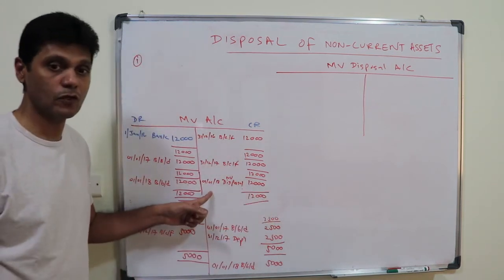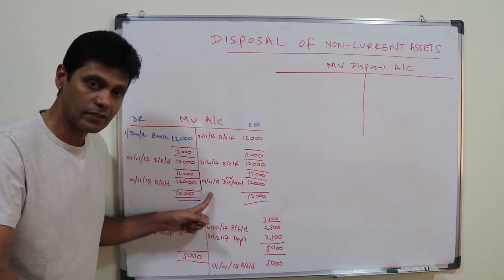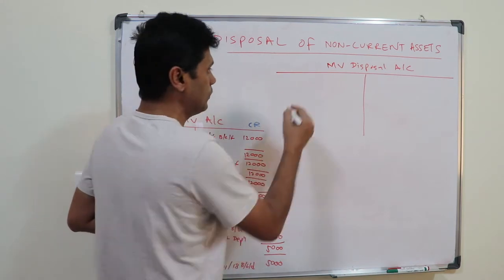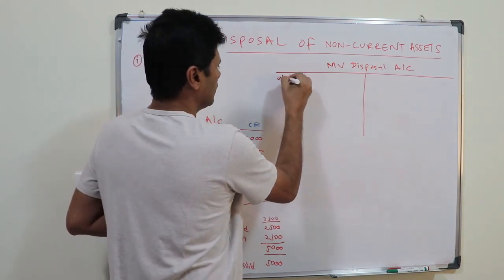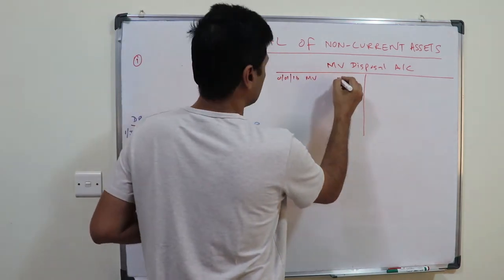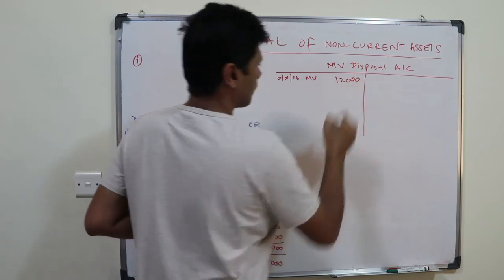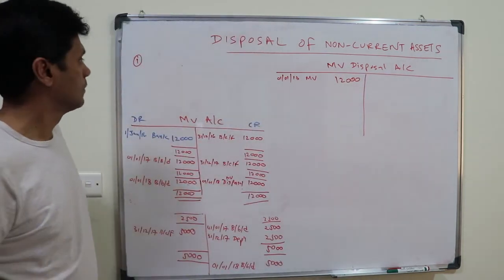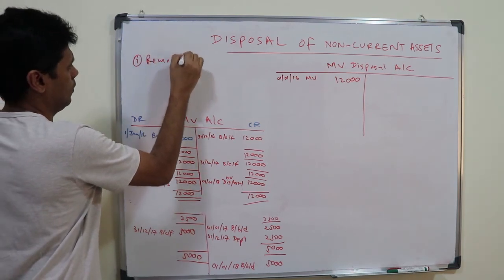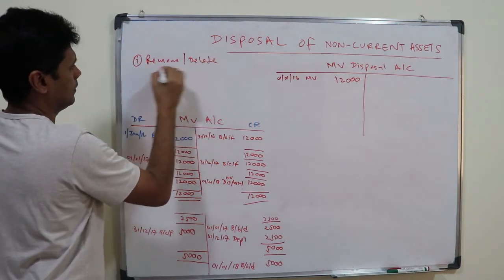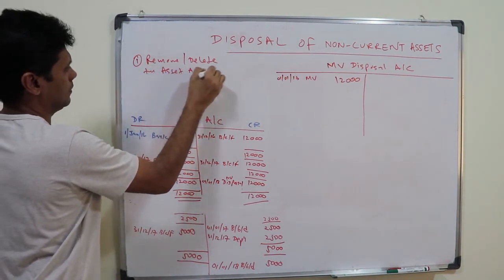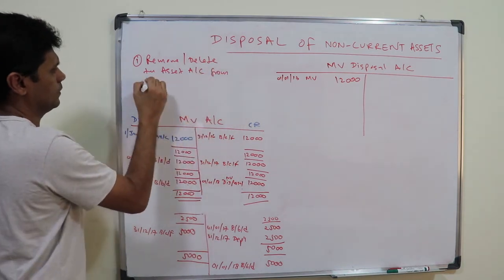There is no balance in your motor vehicle account because there is no motor vehicle; you have sold it. Once you credit here, you need to debit the disposal account, motor vehicle account, 12,000. So this is the first step: remove or delete the asset account from the books.